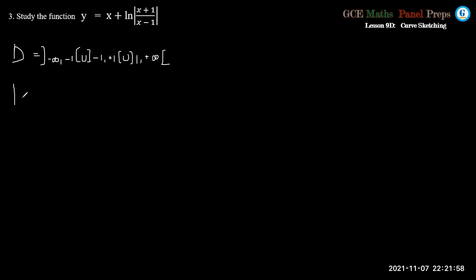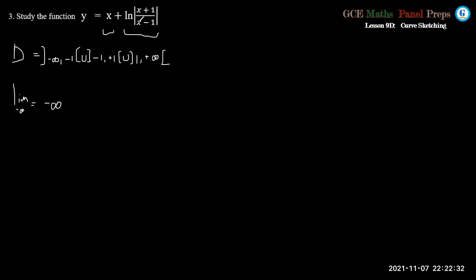Now let's get the limits. Now the limit at negative infinity will be equal to, now see how you get the limit of this function. It is the limit of this first part of the function plus the limit of the other part. This first limit here will give us negative infinity. Now the limit of this one as x tends to negative infinity, we know that is a rational function.